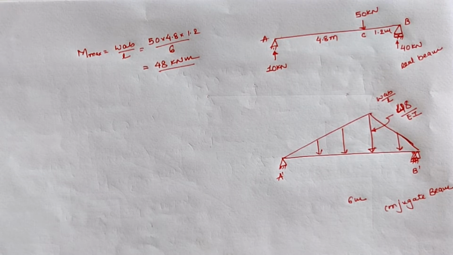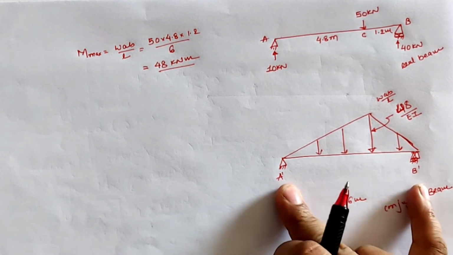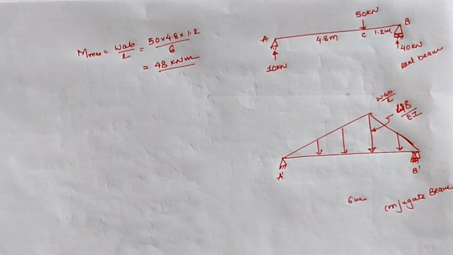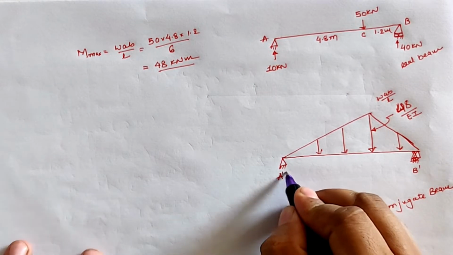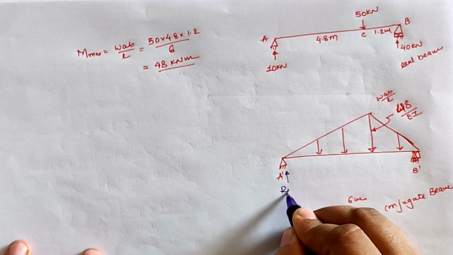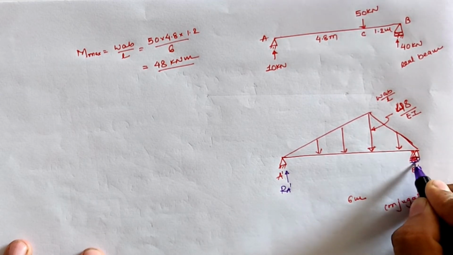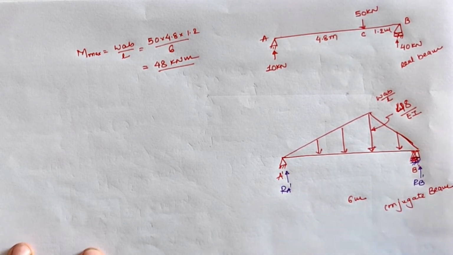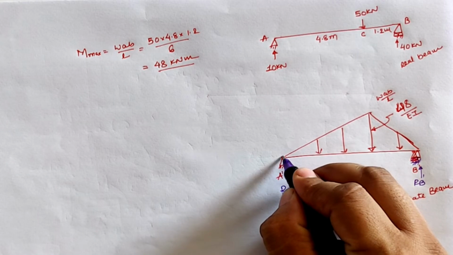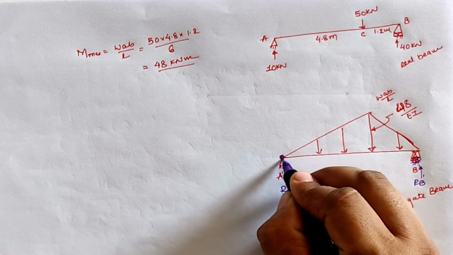But for the calculation of slope we first have to calculate the support reactions in the conjugate beam. So let us assume that at support A dash our reaction is RA dash, and at roller support B dash our support reaction is RB dash. Let us take the moment at location A dash.